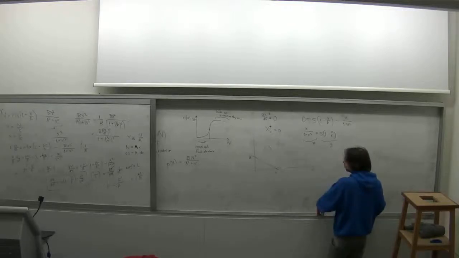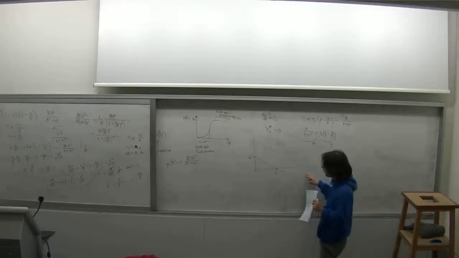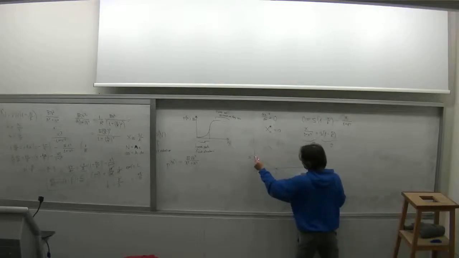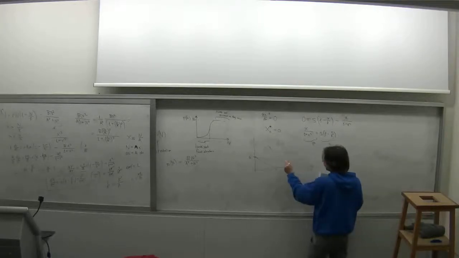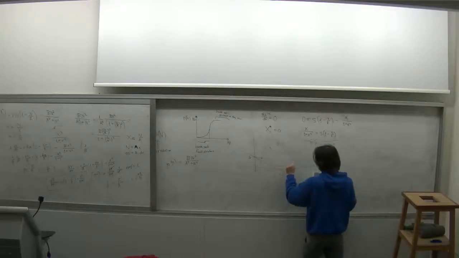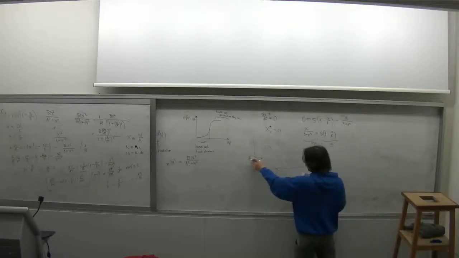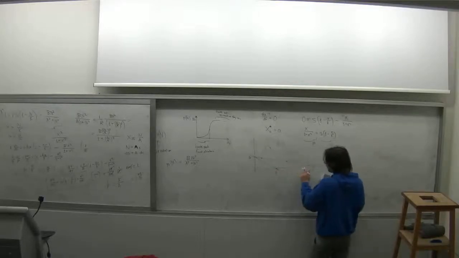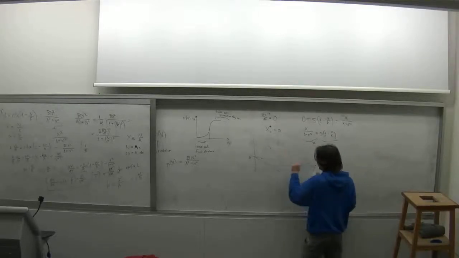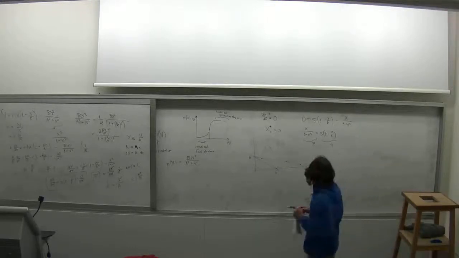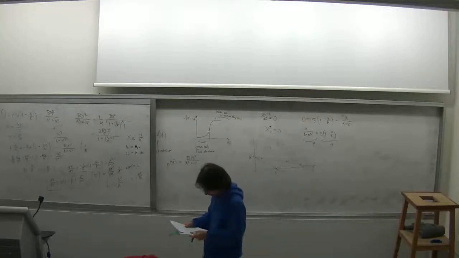Of course, if K is big, then we might have three intersections, right? And if K is big but S is also big, we might have one intersection again. We'll draw this systematically and you'll see how we deal with this.